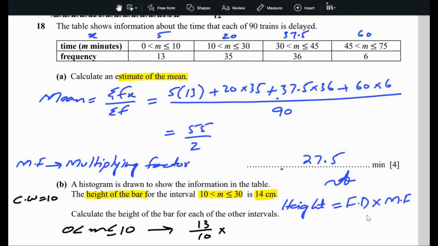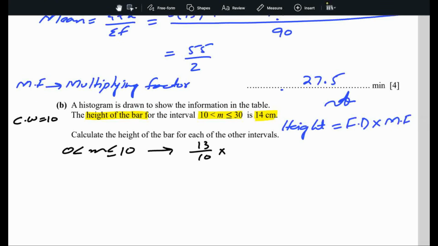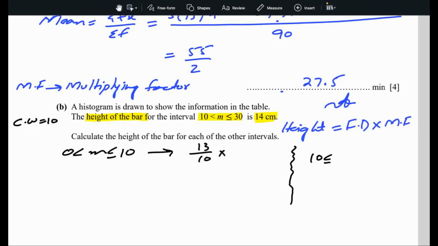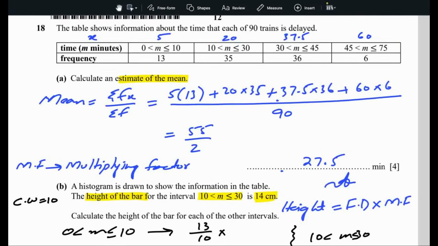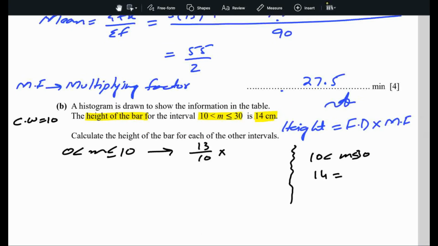For 10 to 30, it is given that the height of the bar is 14. Frequency density will be 35 divided by 20, multiplied by multiplying factor.